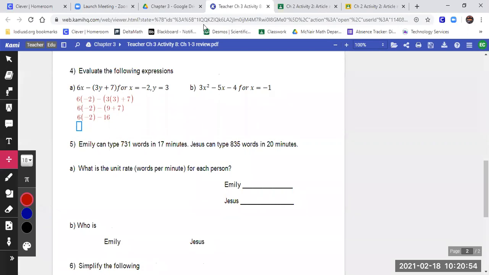Oops, I forgot the negative sign. And it says to subtract 16 from that. So we're ready to get our final answer of what? They're the same sign. So what are we supposed to do?